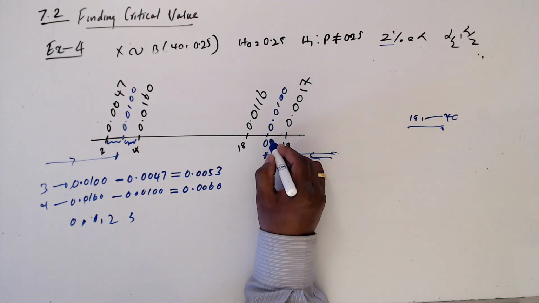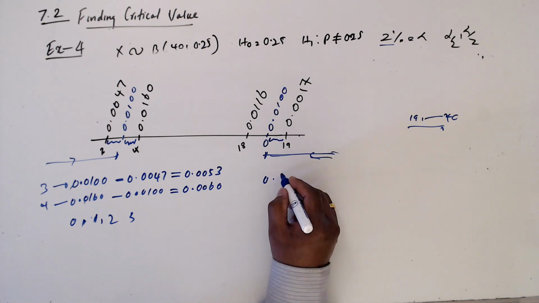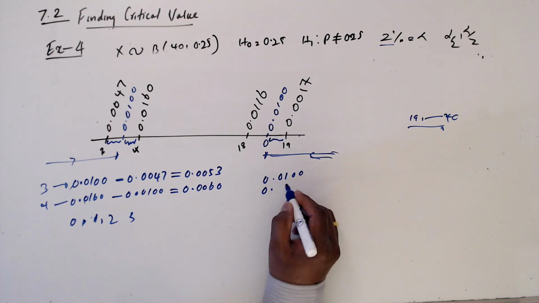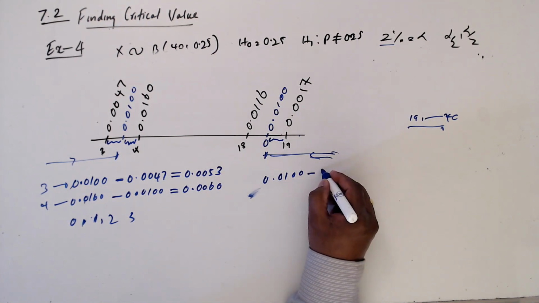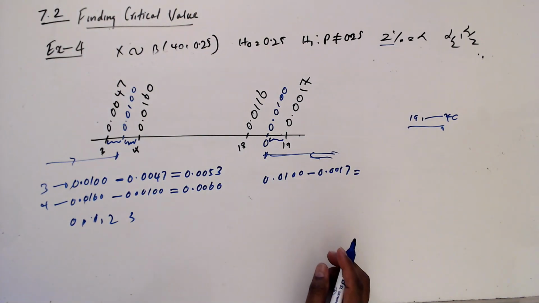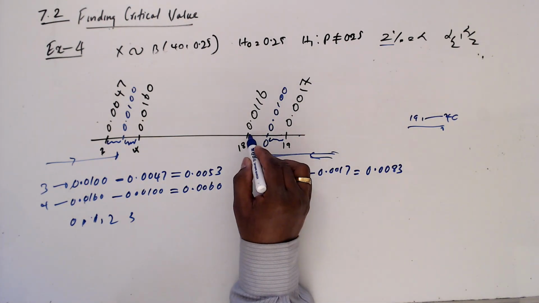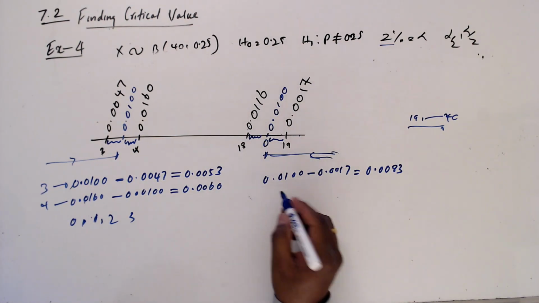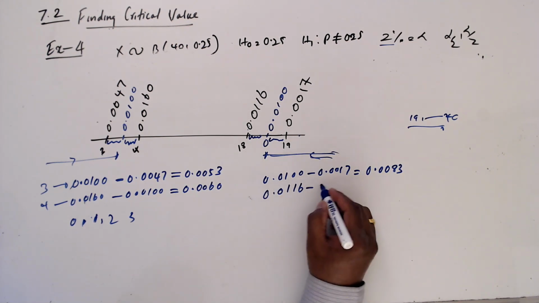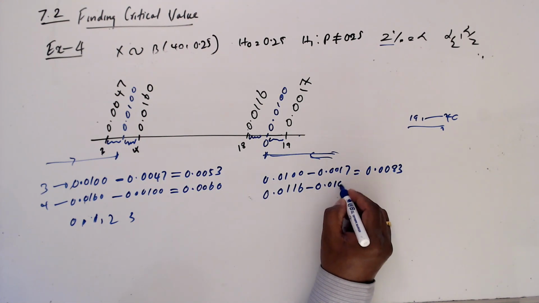So I'm going to find this distance, that is 0.01 minus 0.0017. So that distance is 0.0083, and then I am finding from 1 to this one, 0.0116 minus 0.0100.